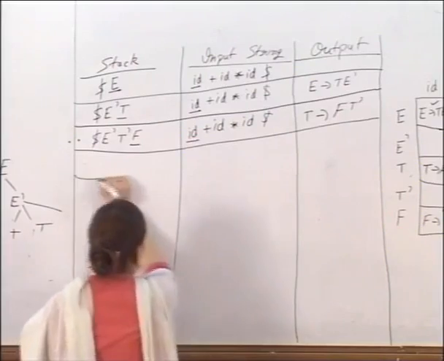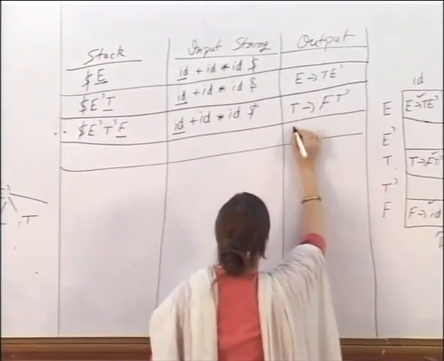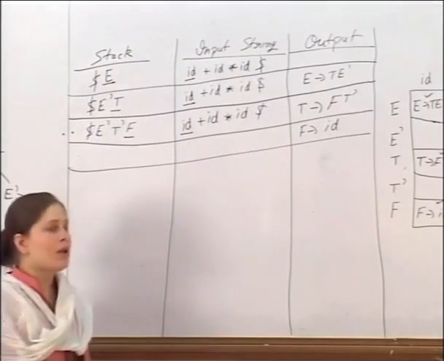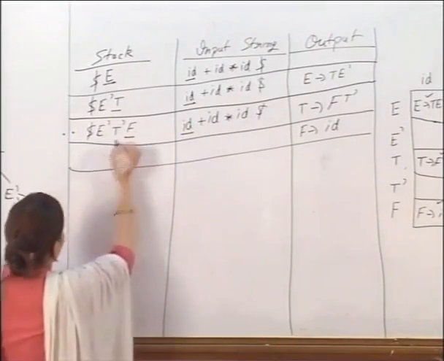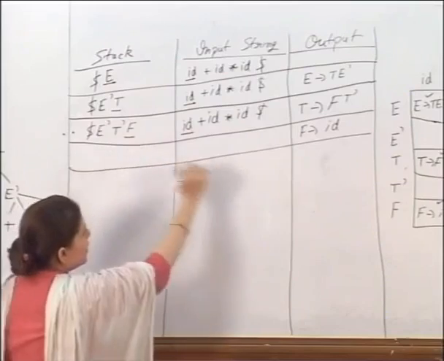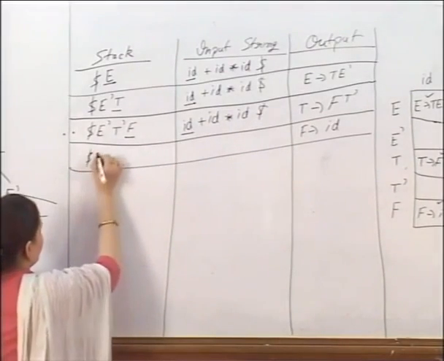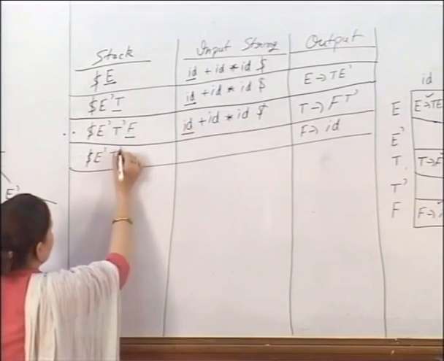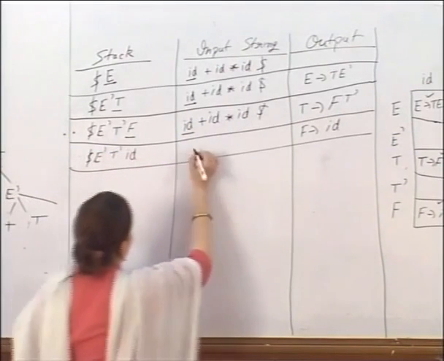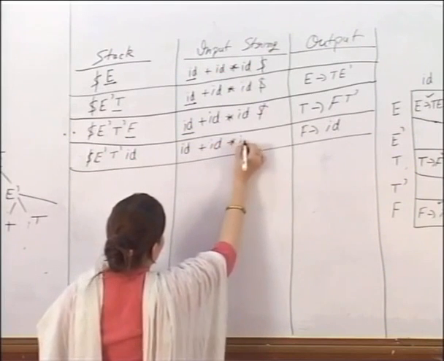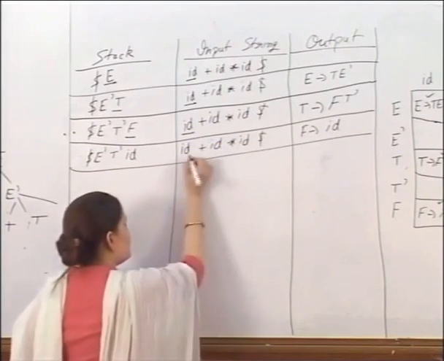It means replace F with ID. Then pop this capital F from the stack and push that production. E dash, T dash, ID, with input ID plus ID into ID and dollar.